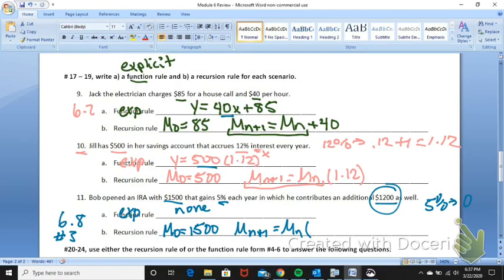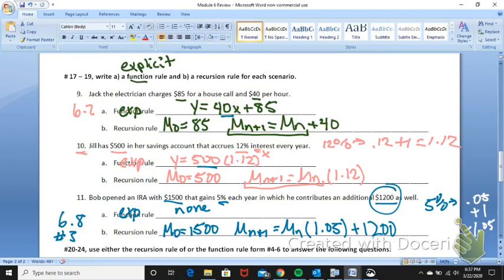I keep running into this area right here, needing a different color, so let's actually go with white and see how that looks. So that's 0.05. We need to add 1 to it. So we're going to get 1.05 right here. So it's going to be multiplied by our growth rate right here, and then we're going to add on this 1,200. So that's going to be our final recursion rule right here.